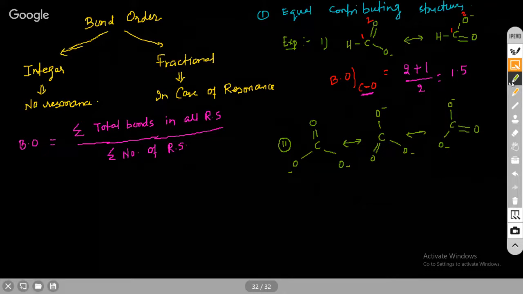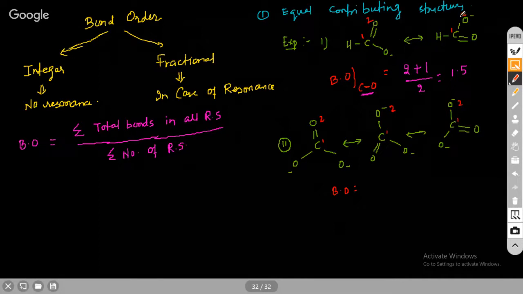Now suppose we have to find out the bond order of this carbon and oxygen bond. See, Ritvik, we have to calculate the bond order of carbon and oxygen, right? So any of these bonds you can take, either this carbon oxygen or this carbon oxygen. Any one of these we can take. So I'm taking this one, 1 and 2.